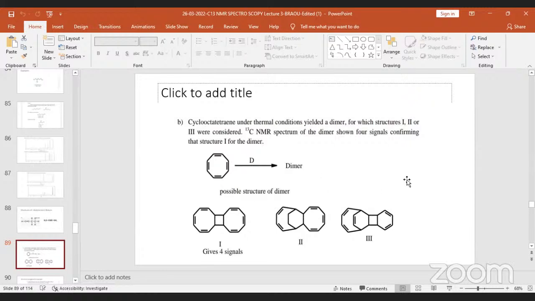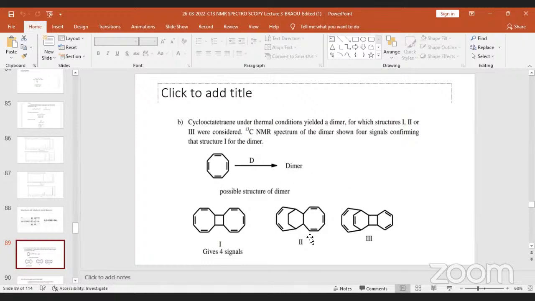So this and this give 8 signals, whereas here it gives only 4 signals. And in the experiment, the product they got by the thermal dimerization of cyclooctatetraene showed only 4 signals in C13 NMR, thus confirming the structure of the product dimer.